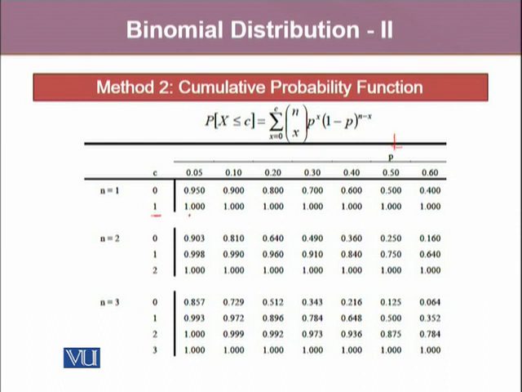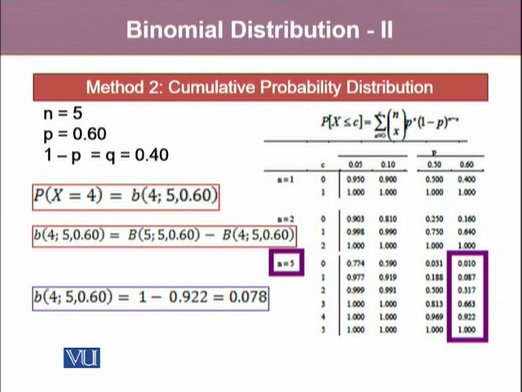So this shows that as we increase the number of x up to the value equivalent to the number of trials, that is n, the last probability will always turn out to be 1, which adds up all the previous probabilities. And it goes on for all different values of p, n, and c or k.